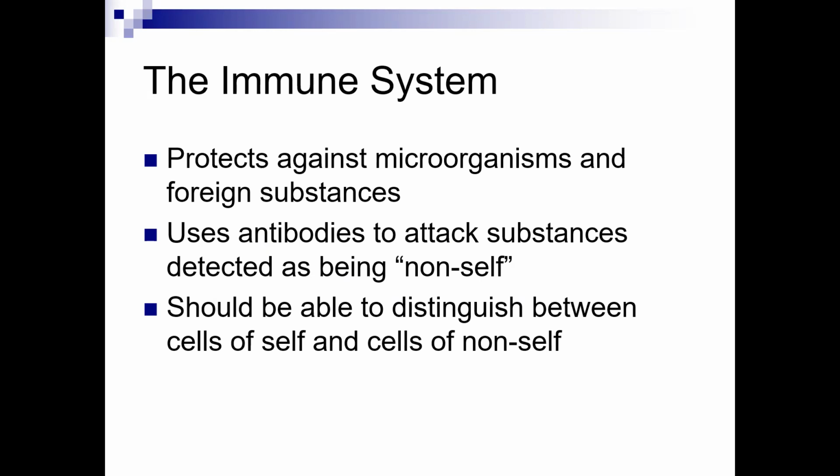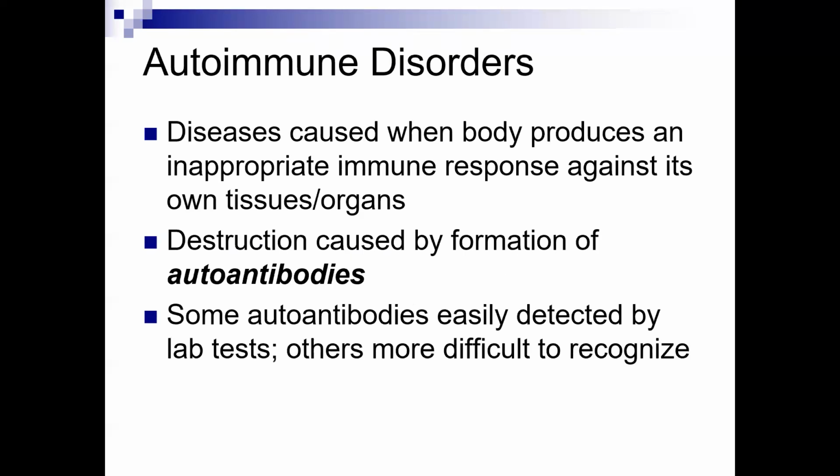When working correctly, our immune system should be able to tell the difference between self and non-self cells. So autoimmune disorders are diseases caused when the body produces an inappropriate immune response against its own tissues and organs. This destruction is caused by formation of autoantibodies.